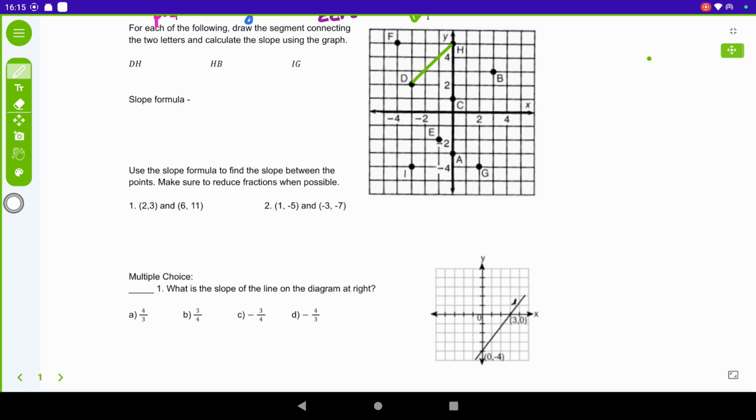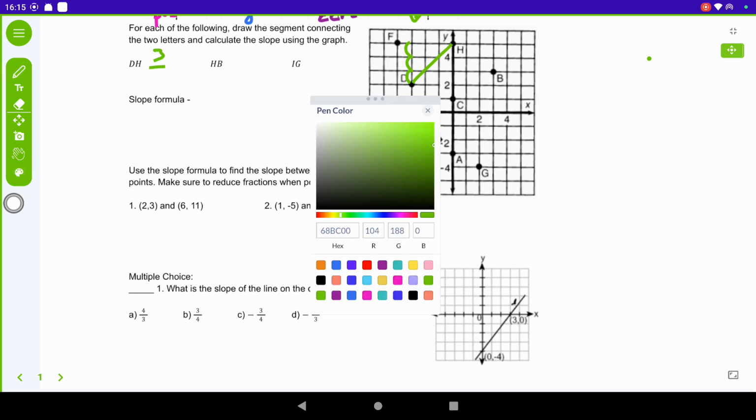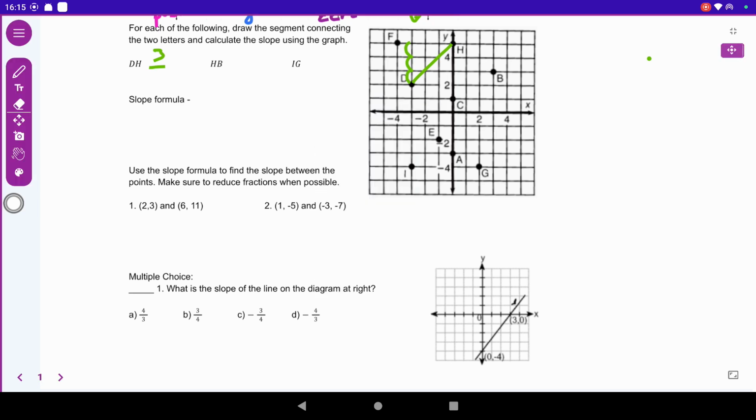So we go 1, 2, 3 up. And then we're going to count the over. 1, 2, 3 over as well. So then we got 3 divided by 3 reduces to be 1.